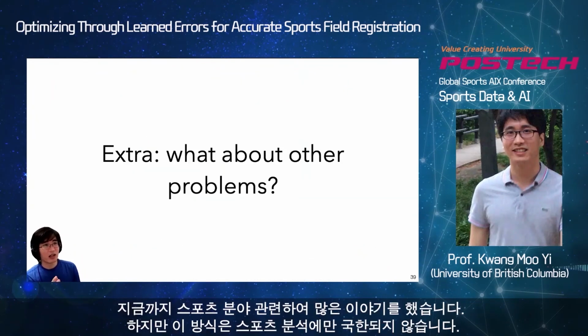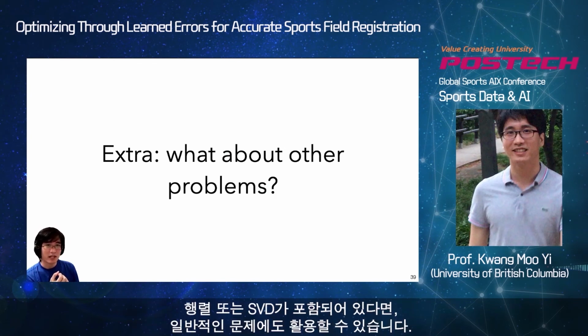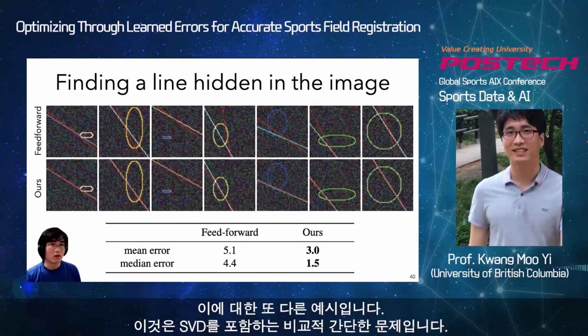Now, I've been talking a lot about sports fields, but this method is not really that restricted to sports analytics only. We can also use this for other general problems as long as it involves, for example, least square fits or involves SVD. So here's another example, or rather a toy problem that involves doing SVD.